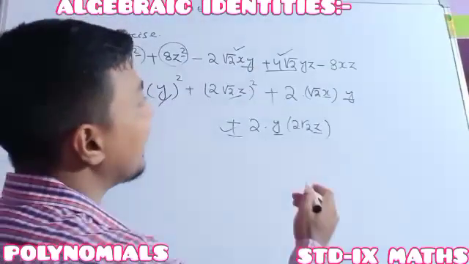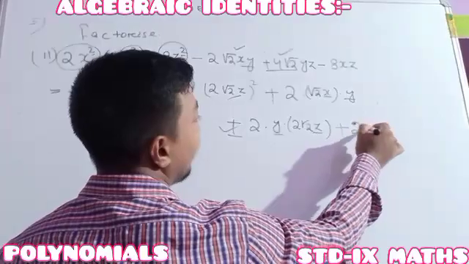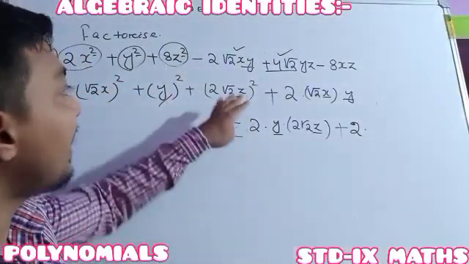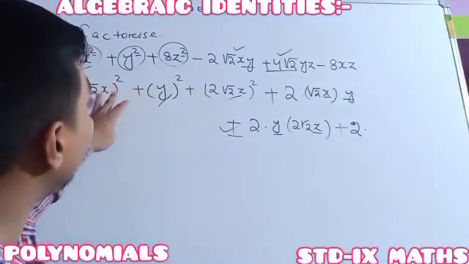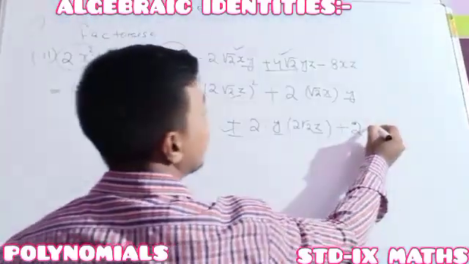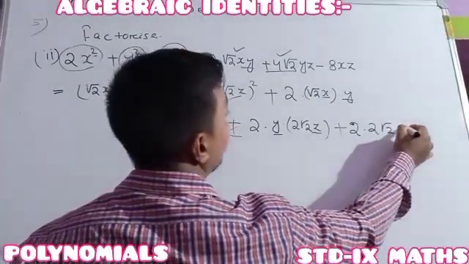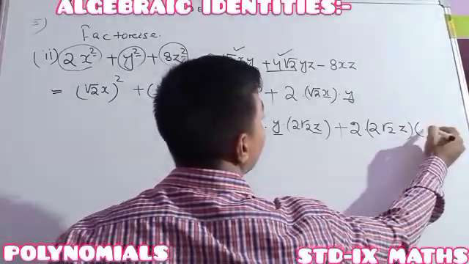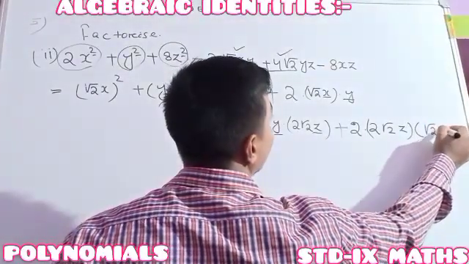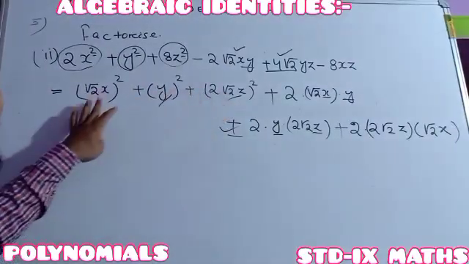Okay. Last one, let me check. Last one it is the product of 2 into the last term. Last term square it is given, but I want last term into first term. Last term it is our 2 root 2 z, and first term it is our root 2 x. Last term, first term.